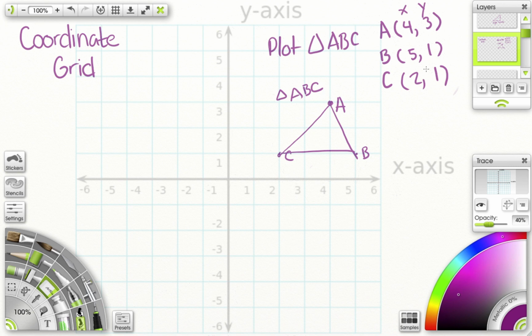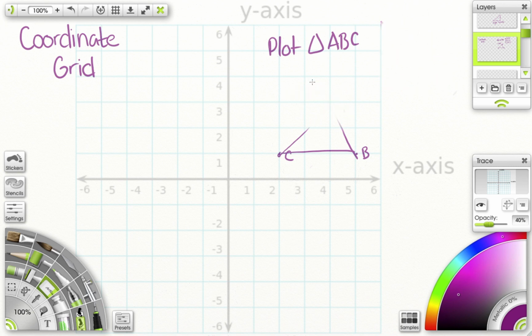All right, let's work on plotting. We're going to plot triangle ABC again, except they're going to have different numbers. So A is going to be 0, -2.